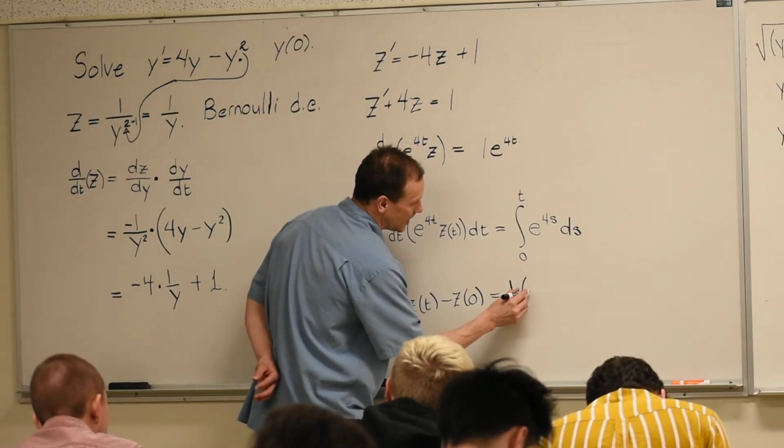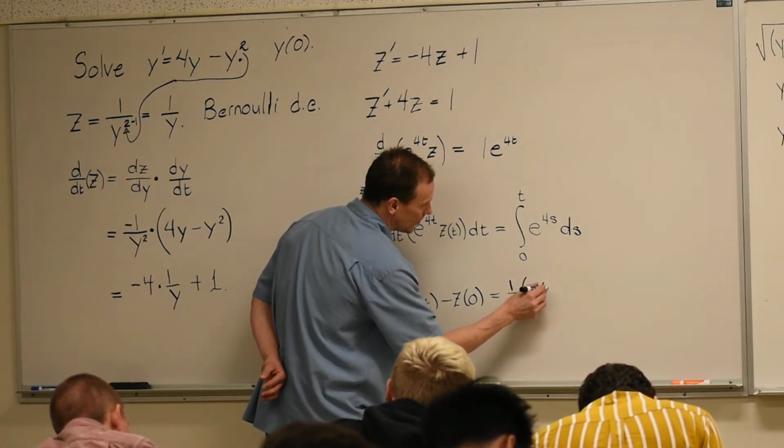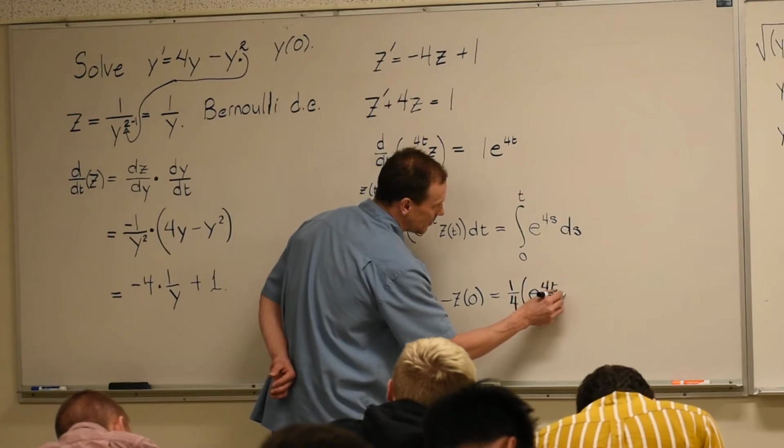So we're going to have e to the 4t minus 1.